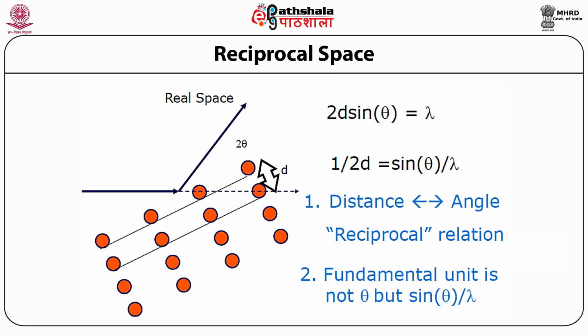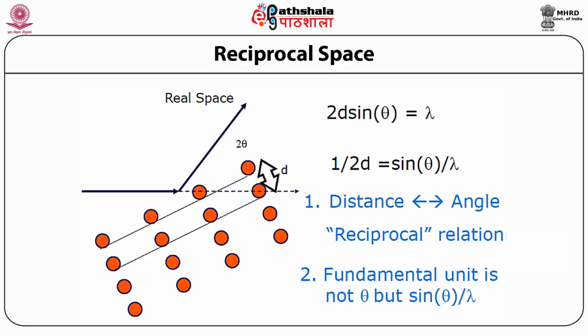From the Bragg equation we are trying to understand the reciprocal space. In the above equation it is written 2d sine theta equals lambda. We slightly remodel this equation and write it as 1 upon 2d equals sine theta upon lambda. In this equation lambda is fixed because we are using a monochromatic X-ray source, and the spacing d in a given crystal is fixed for a given family of planes.